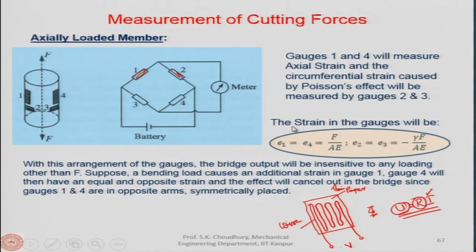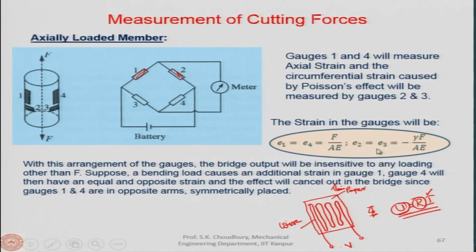So, now the strains in the gauges will be E1, E4, where 1 and 4 are for the axial load F. So, 1 and 4 will be given by the axial force F divided by A into E, area into the coefficient, and this is for the material.